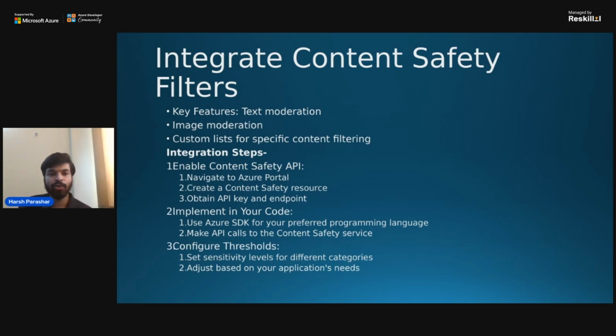Azure AI gives you a unique API key for every project you want to create on Azure AI, and it is up to industry standards, so it will be a unique key. It can't be used anywhere else or on any other platform. It will be given to you for your specific use case only. So you need to get your API key for the content safety API and its endpoint, so that you can implement them in your code.